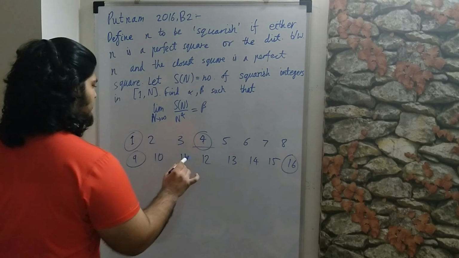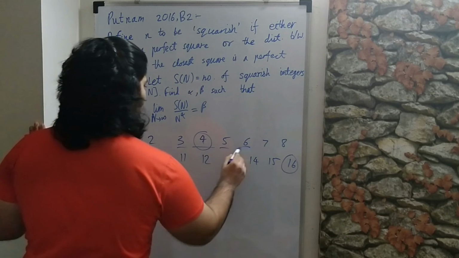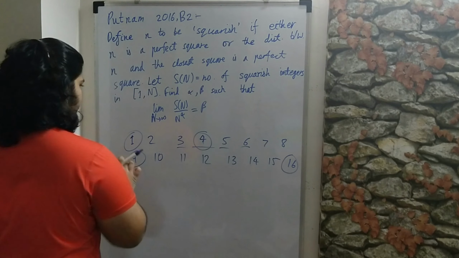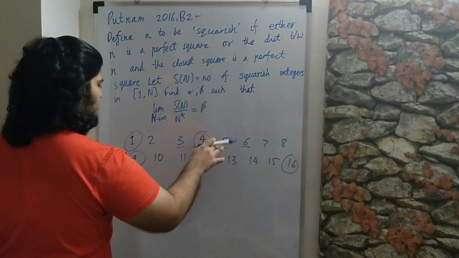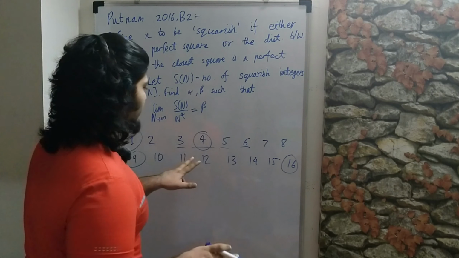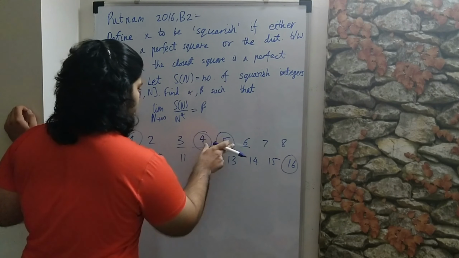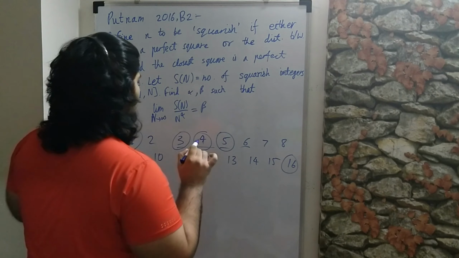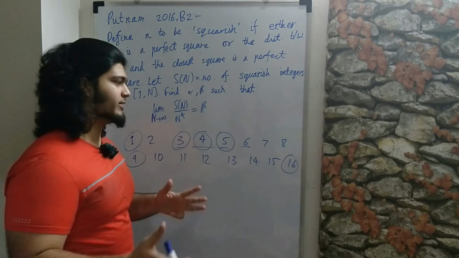So the closest square to 3 is 4, that to 5 is 4, 6, and then 7, 8 are closest to 9. So we won't count them. So these are the 3 integers which are closest to 4. And now how many of them are squarish? 5 is squarish because the distance is 1, 4 itself is squarish, and 3 is squarish. So 4 has 3 squarish integers linked to it.